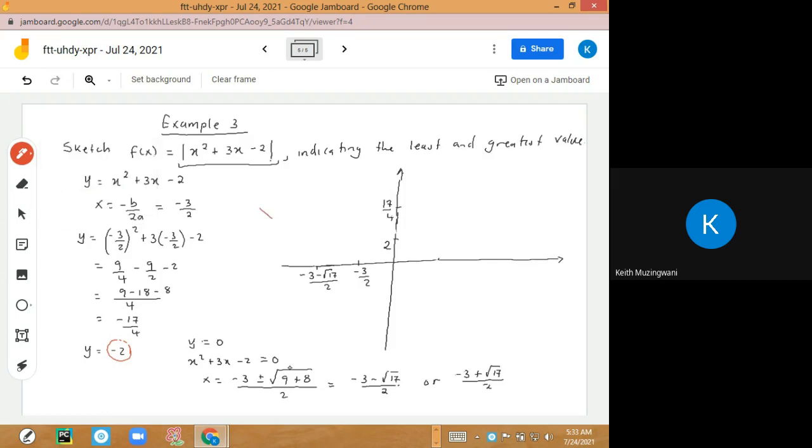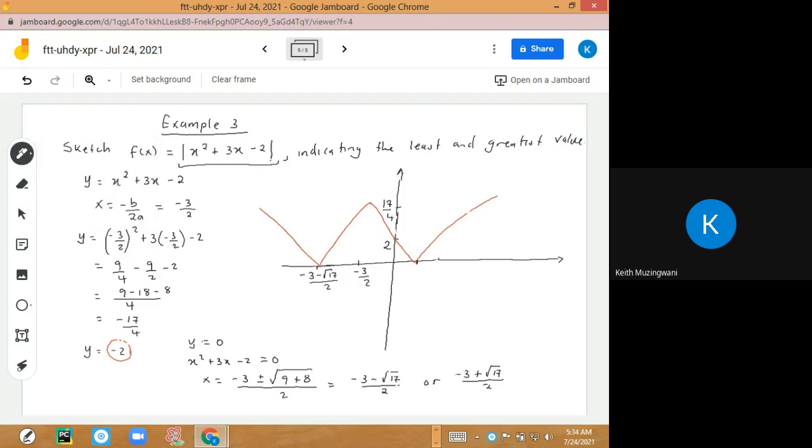Our sketch is coming all the way from here. It will hit there. Go up. Come down. Go up again.